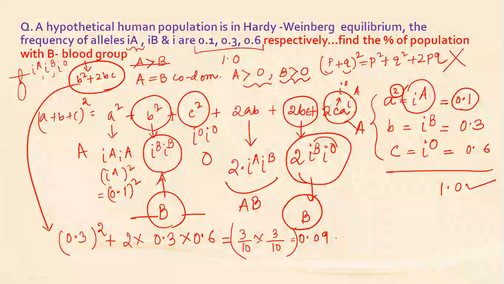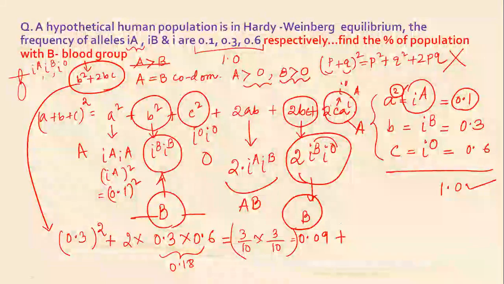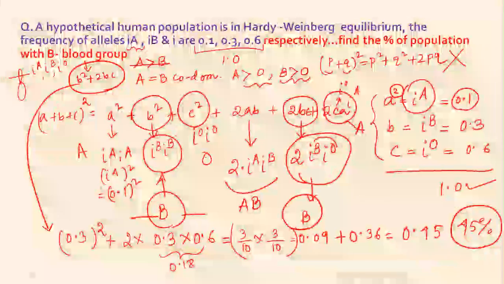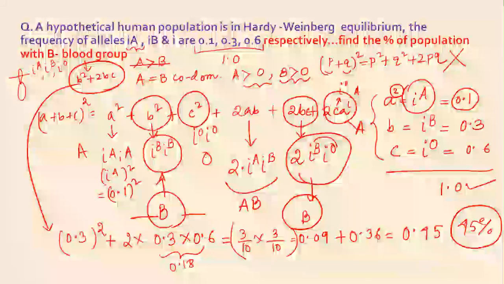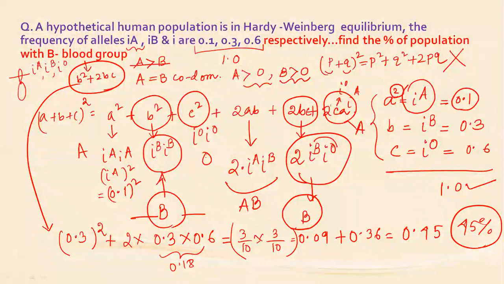Plus 2 into 0.3 into 0.6, which is 0.18 into 2, equals 0.36. So the total is 0.45, or simply 45%. In the same way, if the questions are given differently and you are asked to find the percentage of the AB, O or A blood group, you can use this equation and expansion the same way. So the answer is 45%, or 45 people out of this hypothetical population have the B blood group.